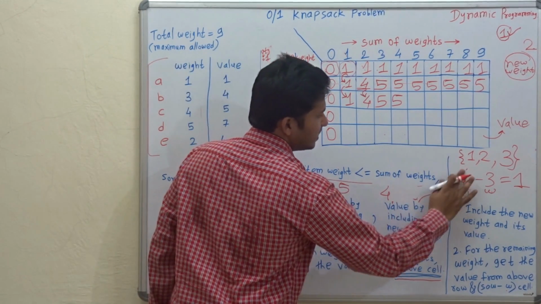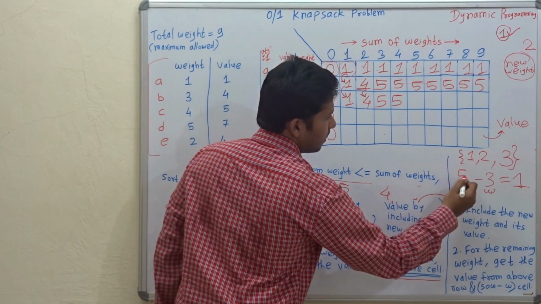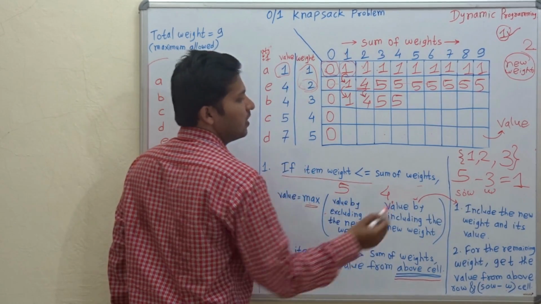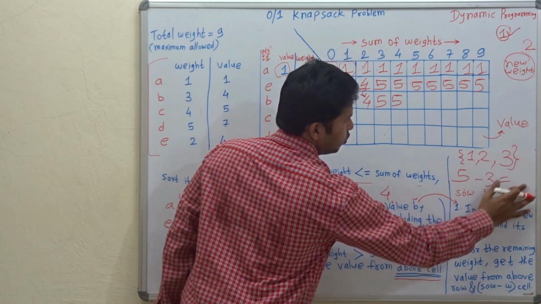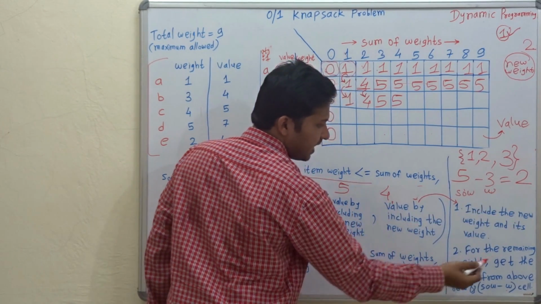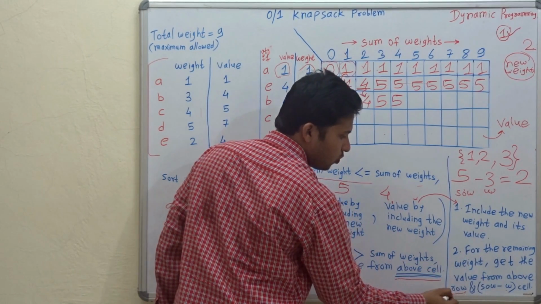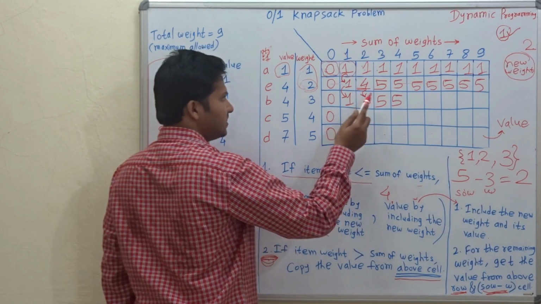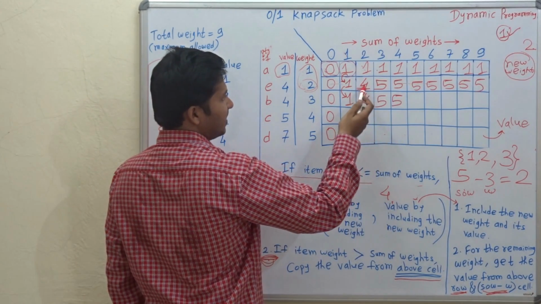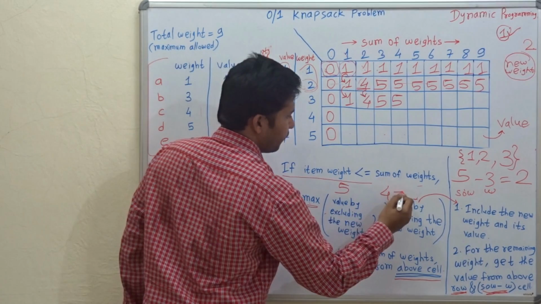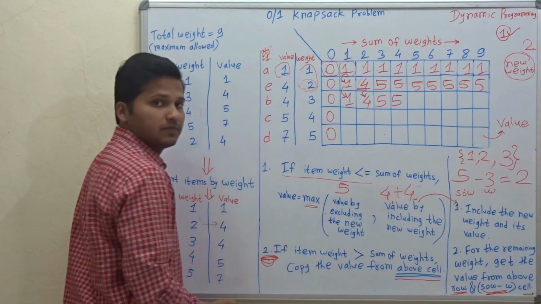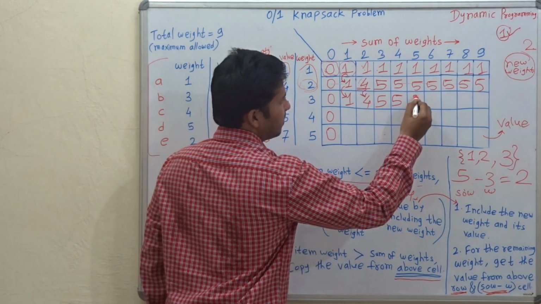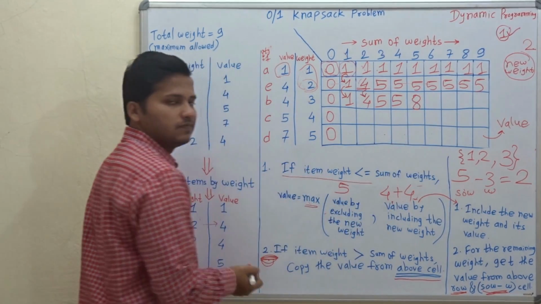Now the sum of weight is 5 and the current weight is 3, which is what we have included. So 5 minus 3 is 2. So for the second step, you have to go in above row and SOW minus W is 2. So the second cell. So the above row and the second cell is 4. So 4 plus 4 is 8. So what is the max? 5 and 8. 8 is max.